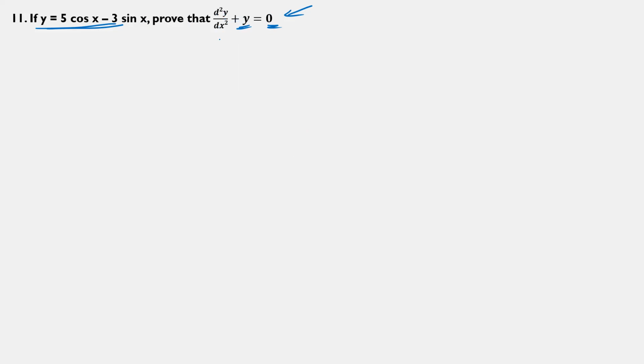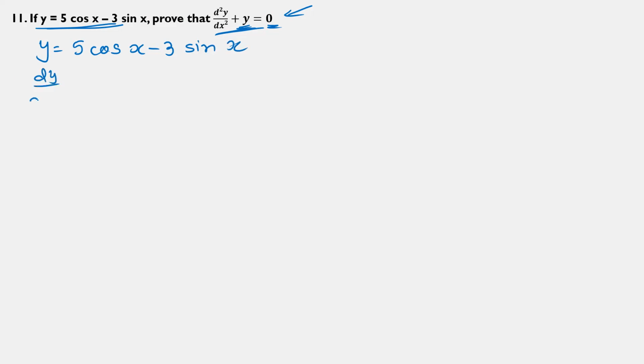So let us start. Here I can see in proof, no, I want second order derivative. Okay. So I can start with the LHS and RHS, or maybe directly also I might get. So let me start with y, then first order derivative, then second order derivative. y is equal to 5 cos x minus 3 sin x.